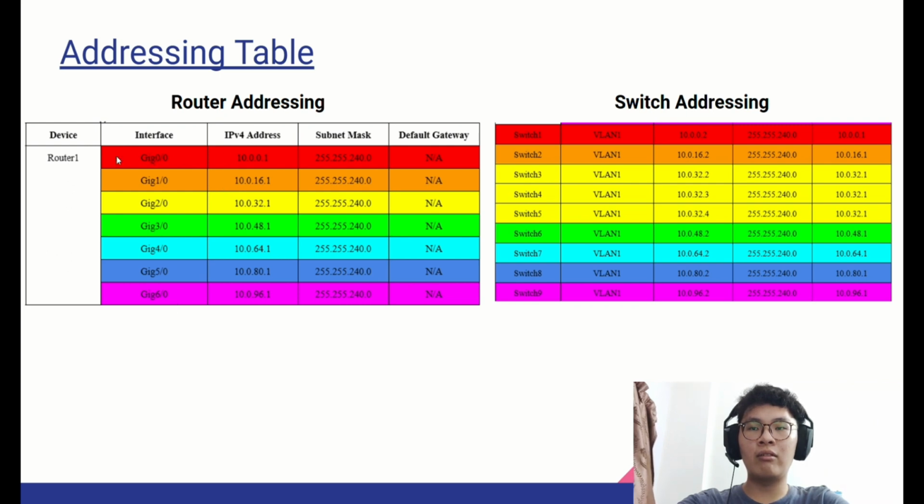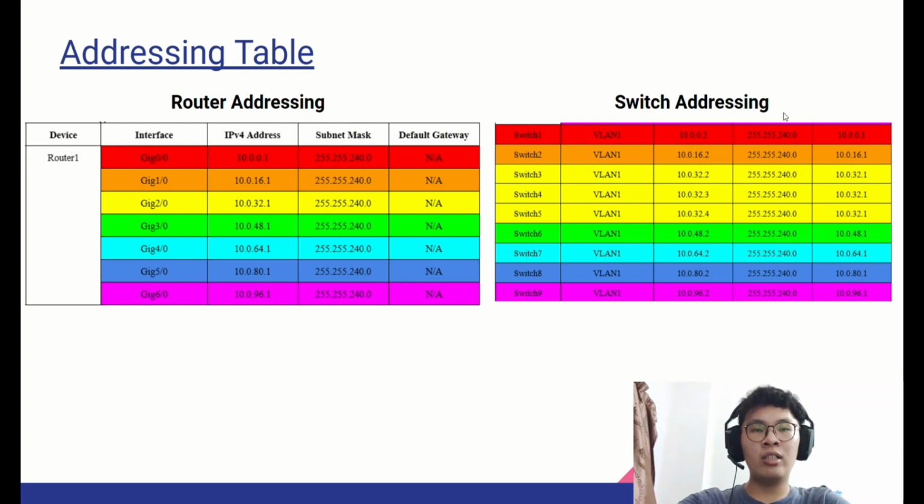Each interface for router 1 is assigned a unique IPv4 address, which is also the first usable address for each subnet. And the subnet mask comes from the prefix /20, which is the same for all routers, switches and end devices. And let's move on to the switch addressing.